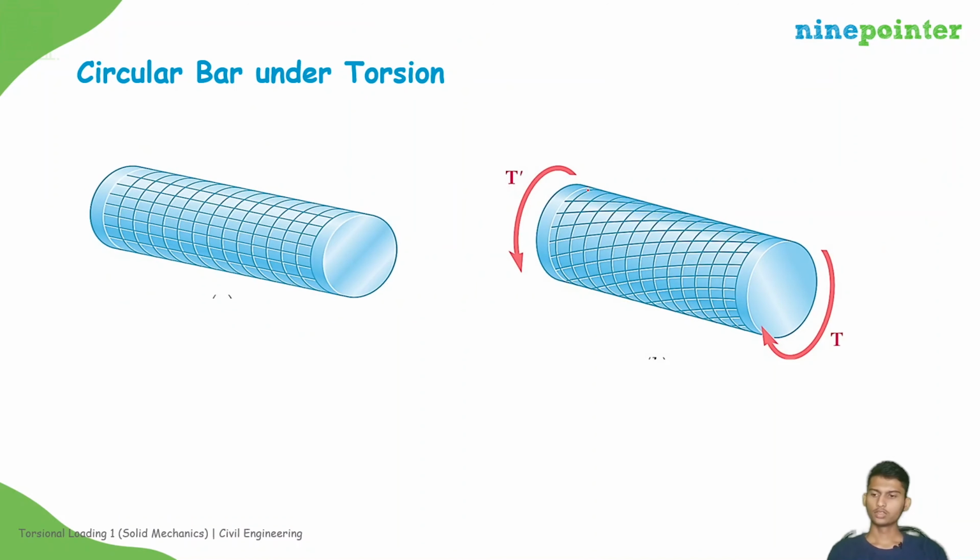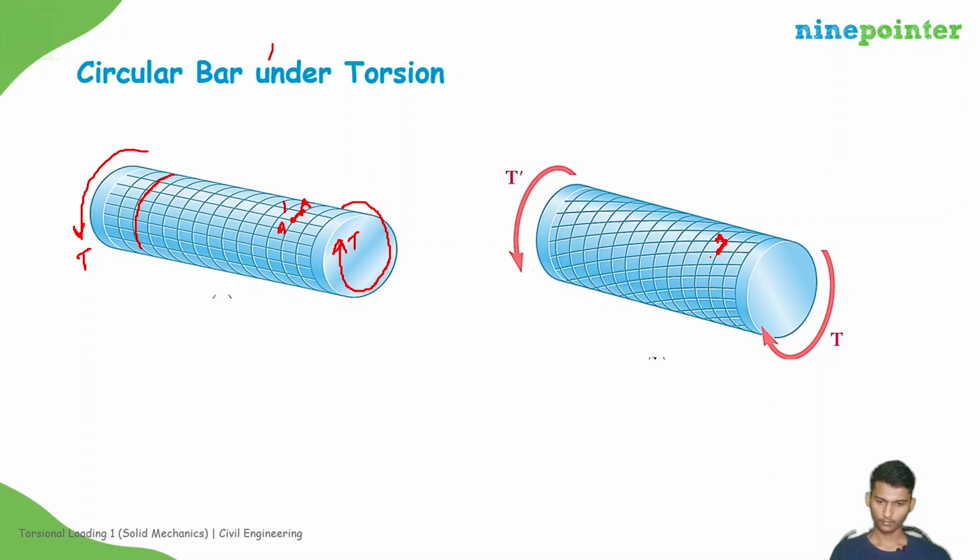Now, circular bar under torsion. Torsion is trying to rotate the elements, right? If you mark checker lines on this circular bar and apply an equal and opposite torque T, then if you consider two particles over here, A and A dash, they will go like this.